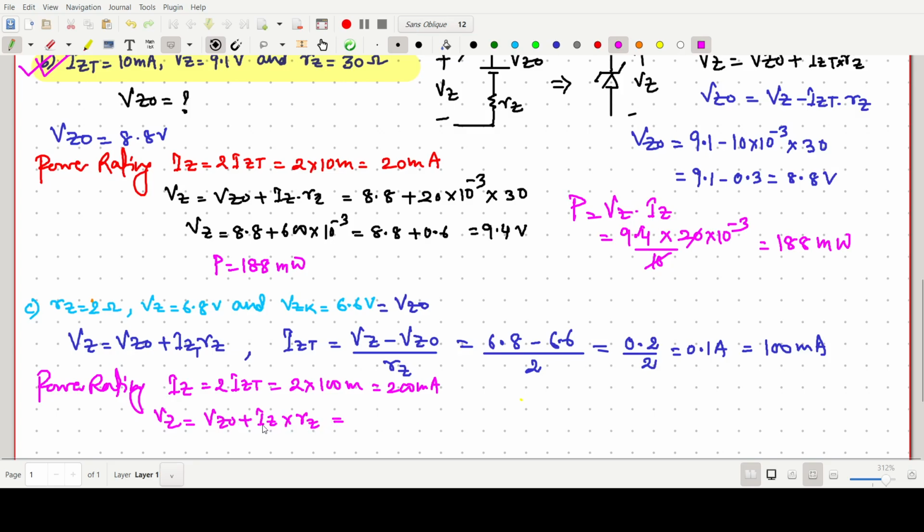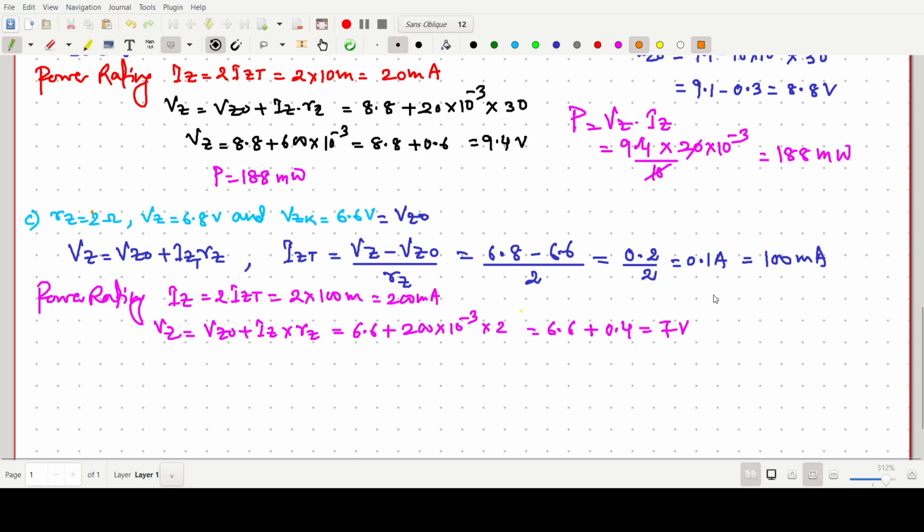Vz naught is known to us, so 6.6 plus 200 into 10 to the minus 3 into 2, which is 400, so 0.4. So 7 volt.